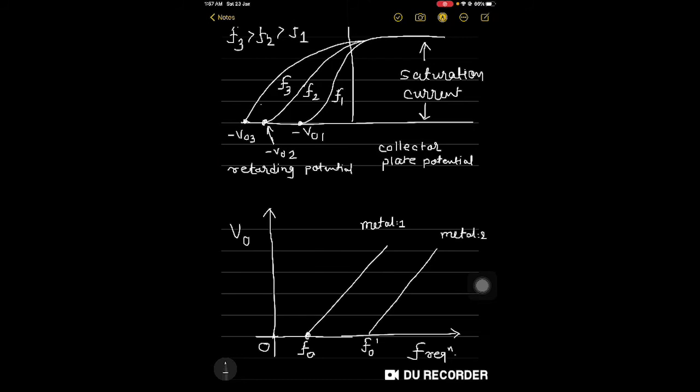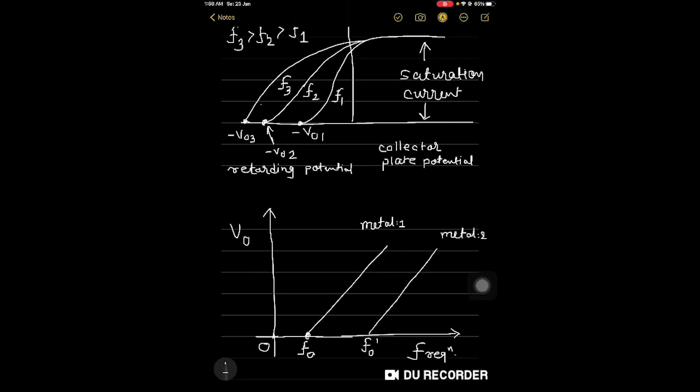The graph shows that, first, stopping potential V0 varies linearly with the frequency of incident radiation for a given photosensitive material. Second, there exists a certain minimum cutoff frequency f0 for which the stopping potential is 0. These observations have two implications.